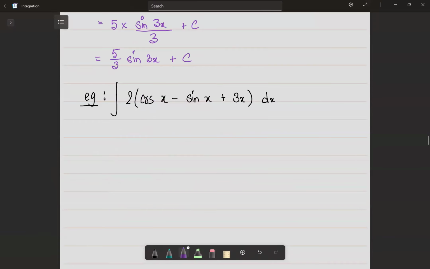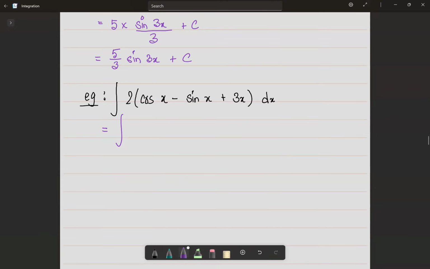In another example, we have 2 multiplied with the whole thing. We know there is no product rule for integration. So we will write the integration of 2 multiplied with the entire thing. Why are we not removing the sign in here? Because we are not integrating yet. We are simplifying first, to reach a form that we can integrate, and then we will integrate.